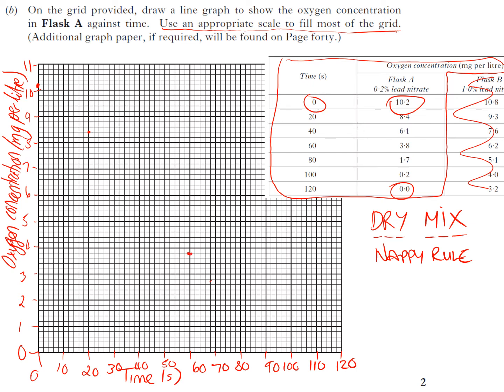Sorry, mine are still not perfect. 80, so again on the 1.7 you need to be halfway between the two lines, and the 100 is 0.2 and this is 0, and we're looking for neatly joined lines, which I cannot do on this, so you would do it neatly. Okay.